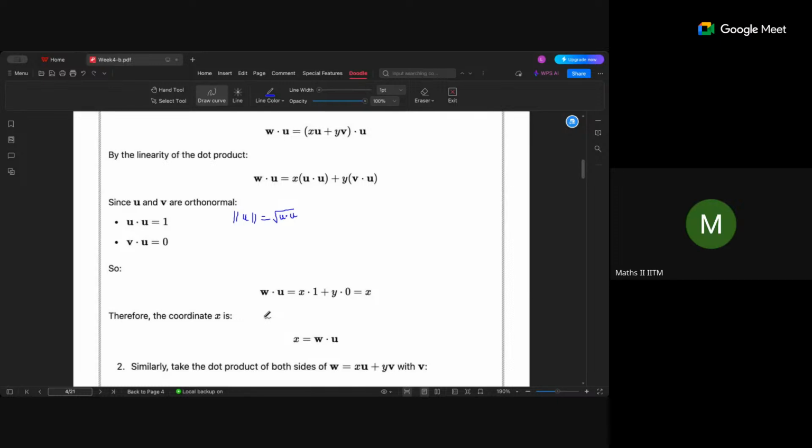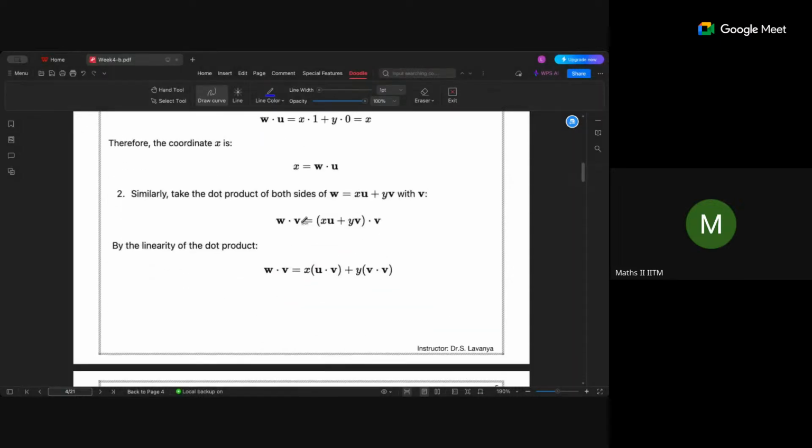Okay, the same thing you have to do for y also. So without even doing any calculation, can you guess what y can be? Can you guess? See, x is w dot u. So what can y be? w dot v. That's all, right? The same similar steps you will have.